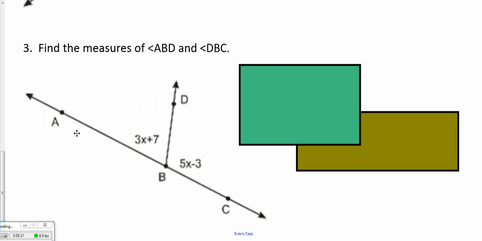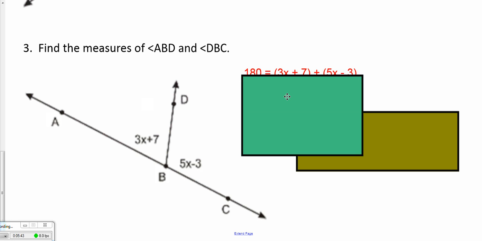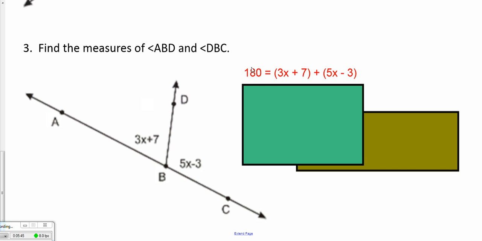This is one long straight line, meaning it's got to be 180 degrees. These two angles share this ray, so they are a linear pair. They're on the same line, and we know that they must add up then to 180 degrees. So 180 degrees in total is this angle plus this angle.